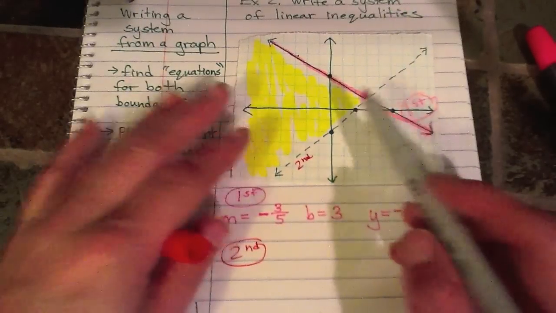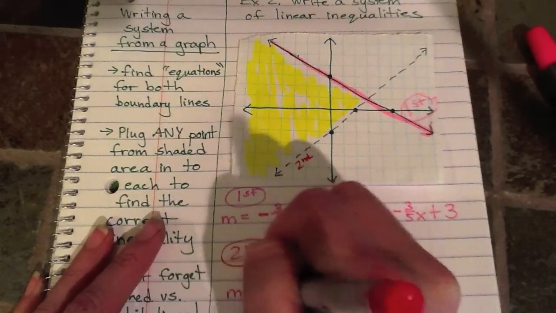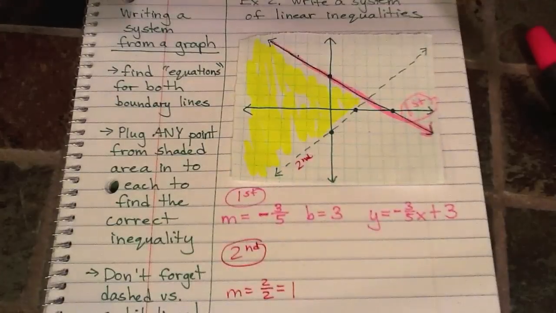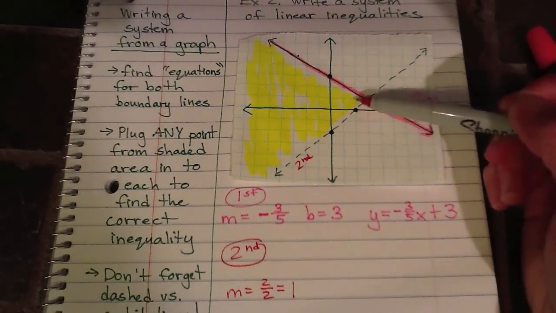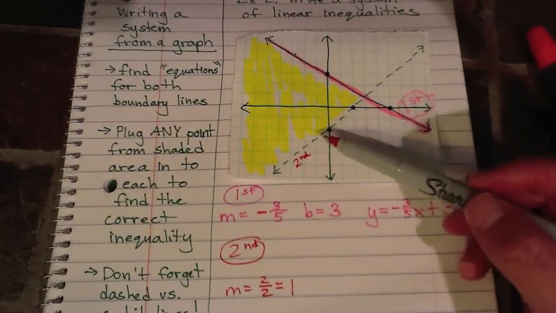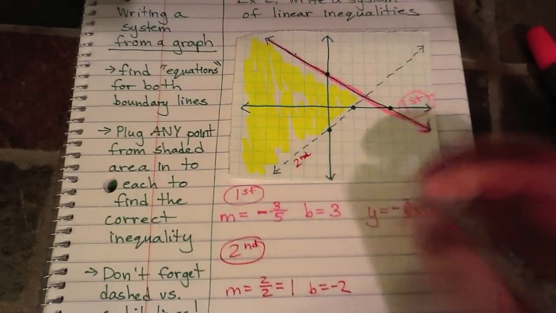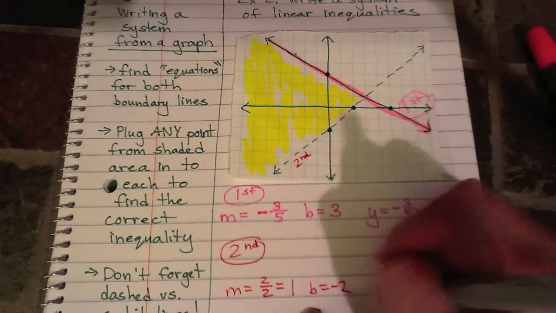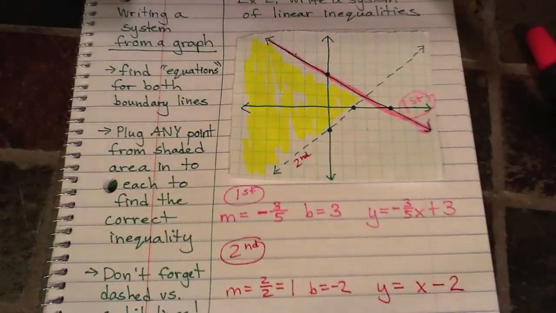And 2 over 2, if you need to write it in there, also means 1, doesn't it? Or 1 over 1. If you notice, up 1, right 1, up 1, right 1, it follows that pattern also. Your B, your y-intercept, is negative 2. So your equation for this boundary line is y equals 1x minus 2.